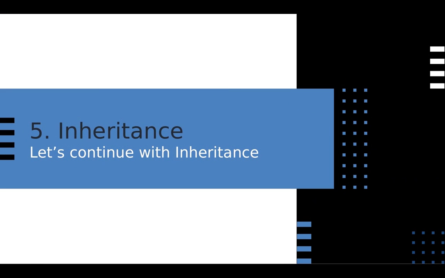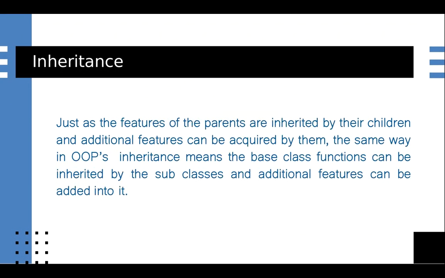Next, we'll come to inheritance. What is meant by inheriting? Inheritance means that parents have certain features. These features of the parents are inherited by their children, and some additional features can also be acquired by them.